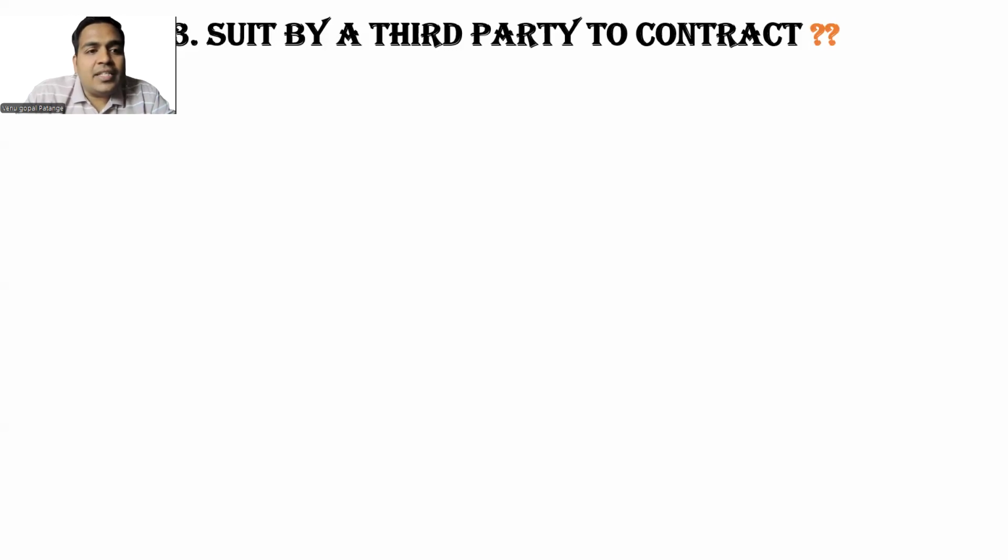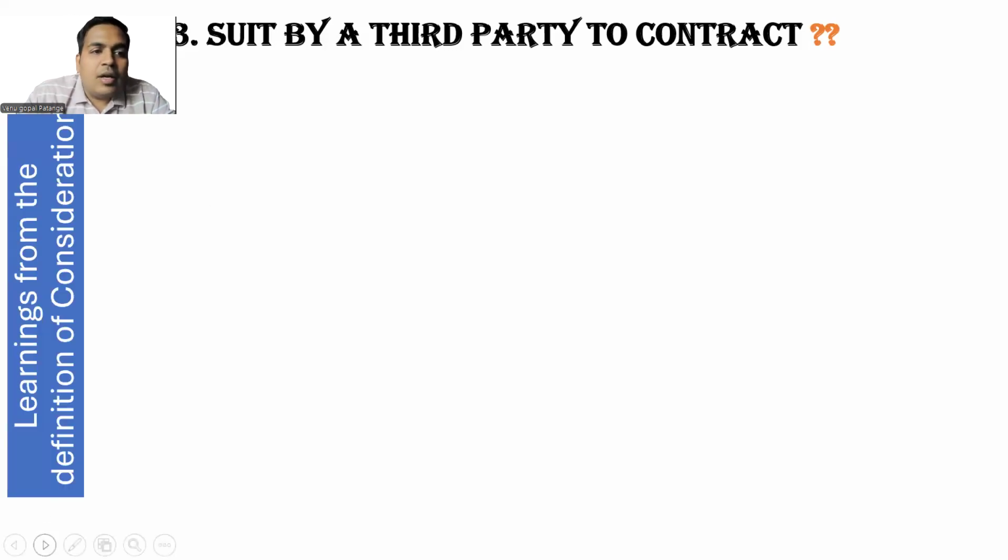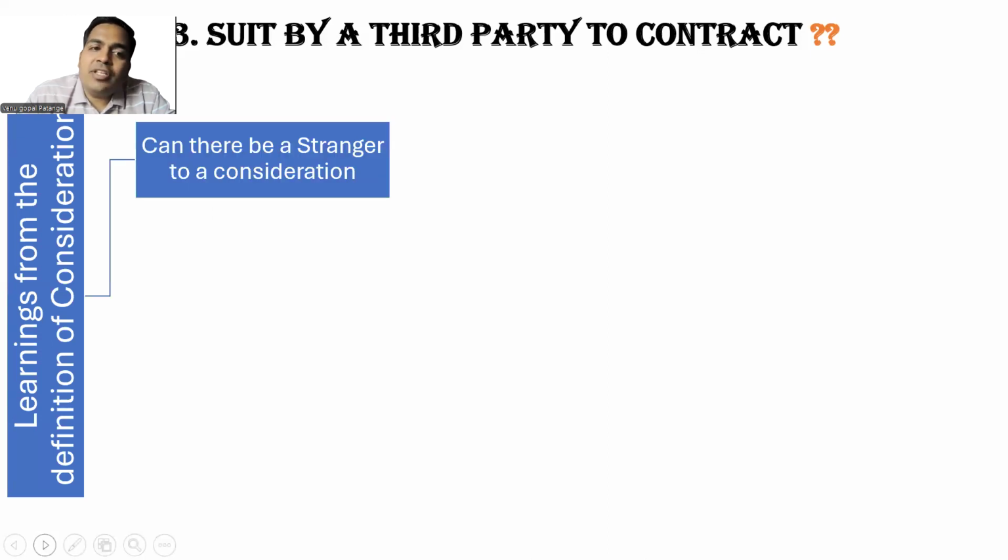So, what have we learned from the definition of consideration? Can there be a stranger to a consideration? The answer is yes. When we discussed the definition of consideration, we said: at the desire of the promiser, the promisee or any other person.